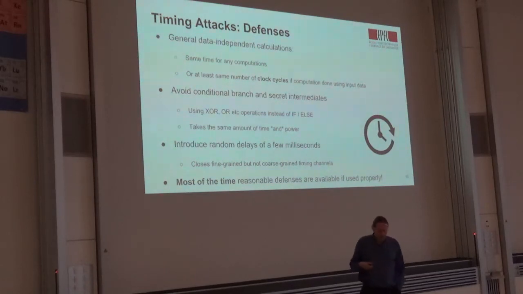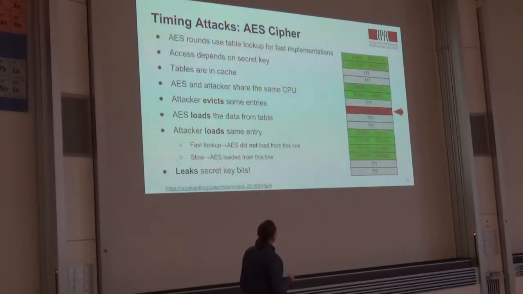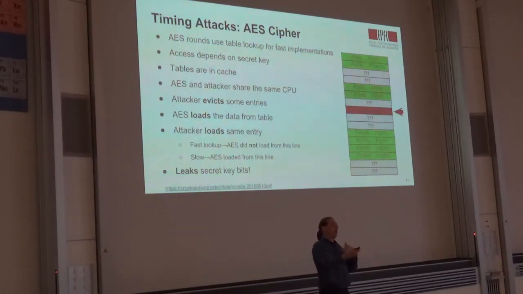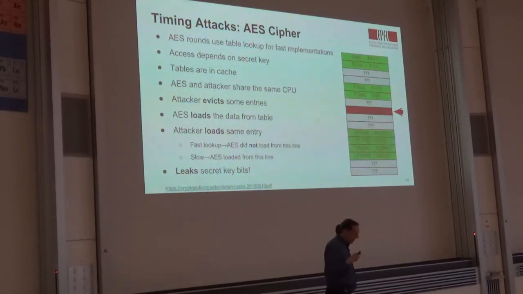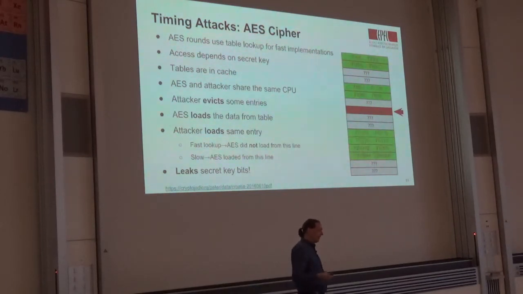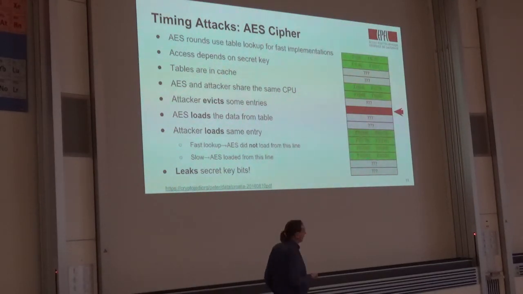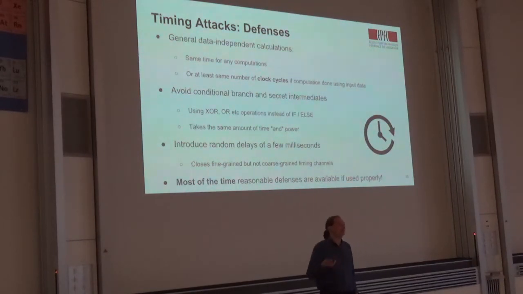For example, in this kind of case, if we're on a single core processor that only runs one process at a time, and the attacker and victim have to context switch back and forth, and only one runs at a time, then we can effectively limit the effectiveness of these kinds of timing attacks by introducing delays to when the attacker gets preempted, when the attacker gets rescheduled, and things like that.